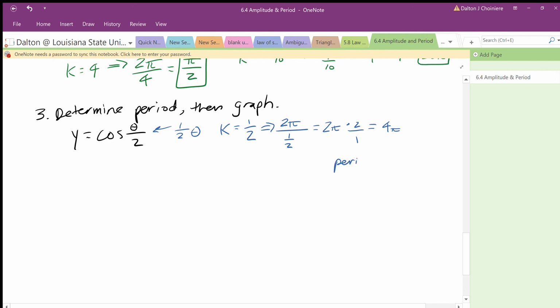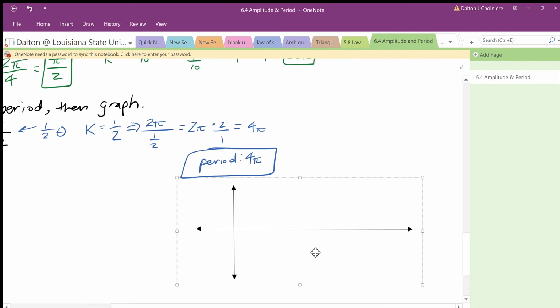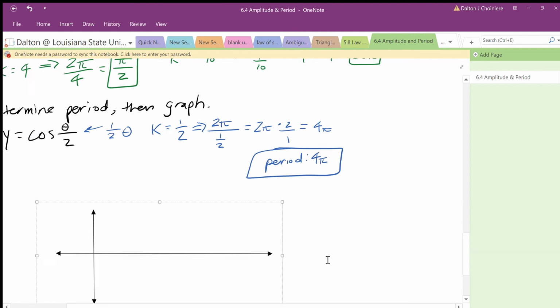So the period of this function is 4 pi. So let's think about what that means. The regular cosine function has a period of 2 pi. If this one has a period of 4 pi, then that means it takes twice as long for it to get through a cycle.